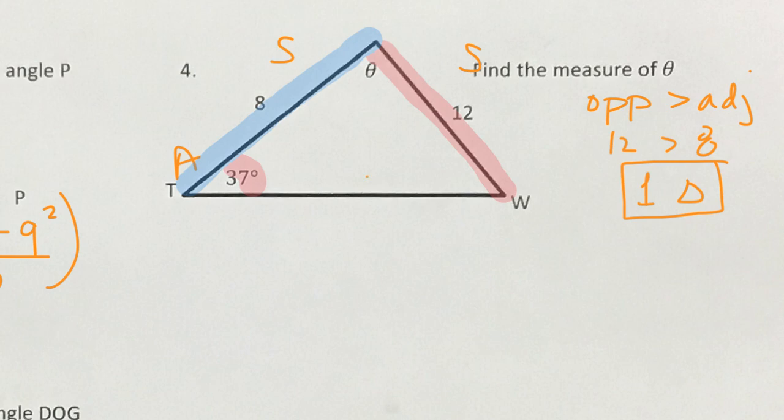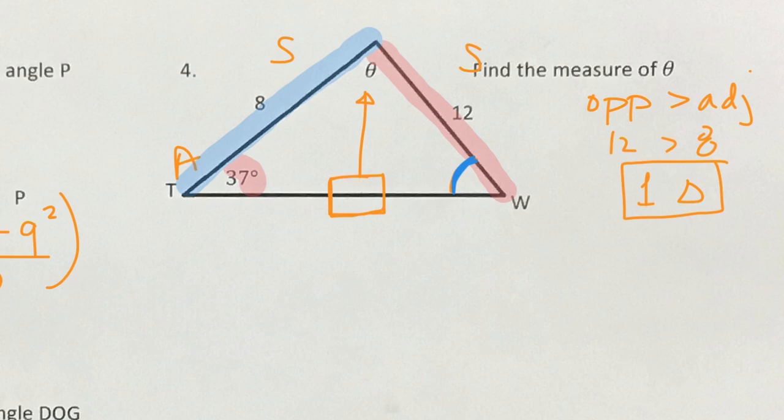So in order to find theta, it would be really nice if I knew this side, or if I knew this angle. Because if I knew this side, I could use law of cosines to find that angle. And if I knew this angle W, then I can just subtract it from 180.